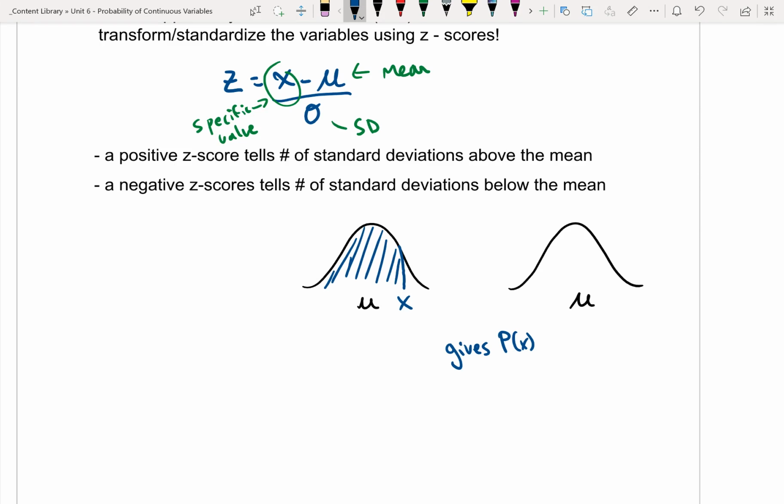So it gives the probability to the left. Basically it tells you the probability of getting everything below, which is similar to percentiles, where it tells you the percent of people, or the probability of people, that have your mark or less. The same thing if I'm below the mean: the z-score gives me the probability below, or to the left of, that value.